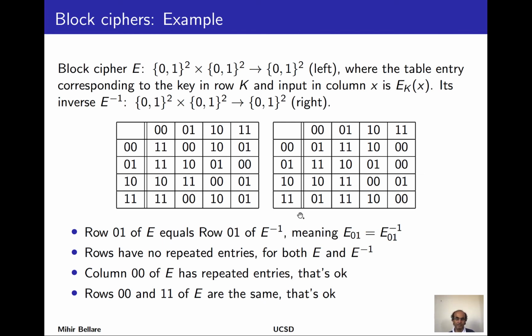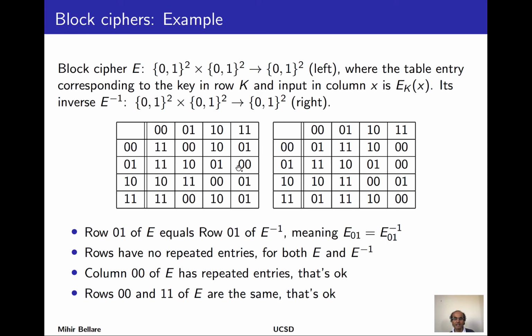Sometimes it's confusing to consider those properties, or it maybe helps avoid confusion, to think about things that block ciphers don't guarantee. So here in this table, notice that this row of E and the corresponding row of E inverse are the same.